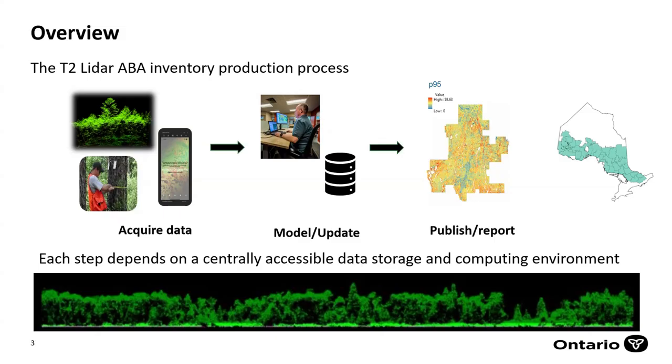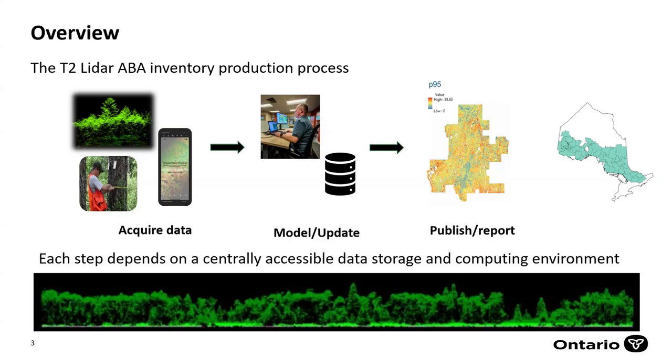Akin to that, if we're doing a modeling process, we need training data and validation data, and that involves our field plot program. Those are the two main areas of acquisition. Along with that, we have ancillary products to support inventory production, such as satellite imagery and other data sources.